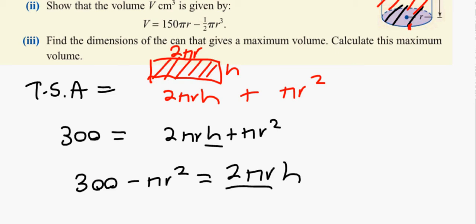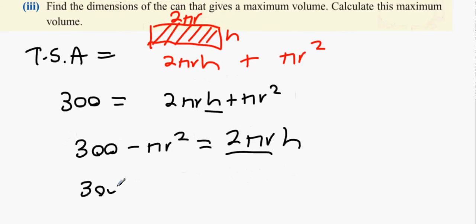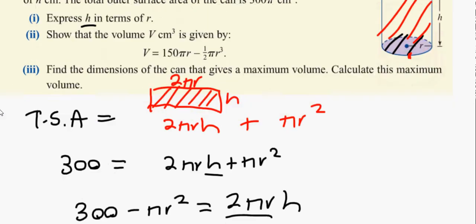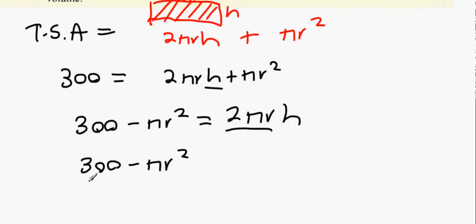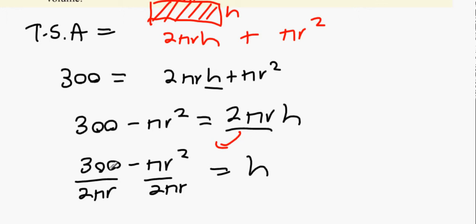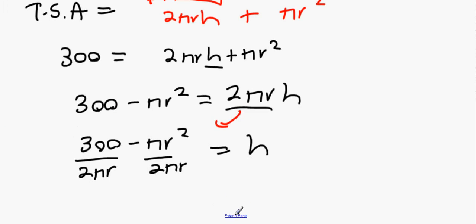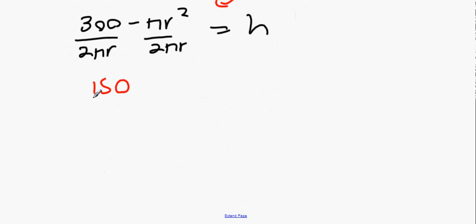We need to divide each one by 2 pi r because I want them separate. So we're going to divide everything on this side by 2 pi r. What's going to happen is it's going to be 150 over r minus r over 2. These pi's cancel here, and this r cancels with this one.